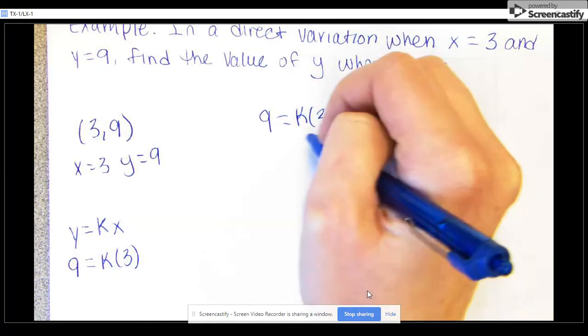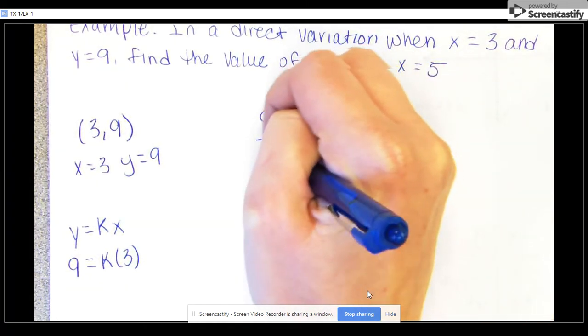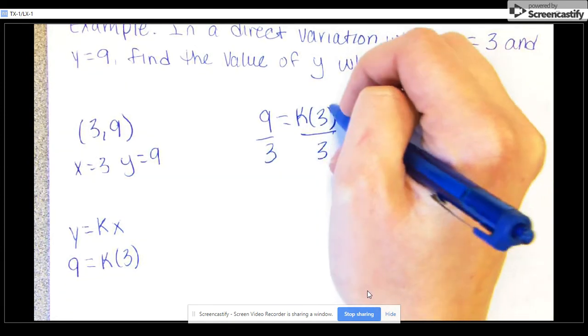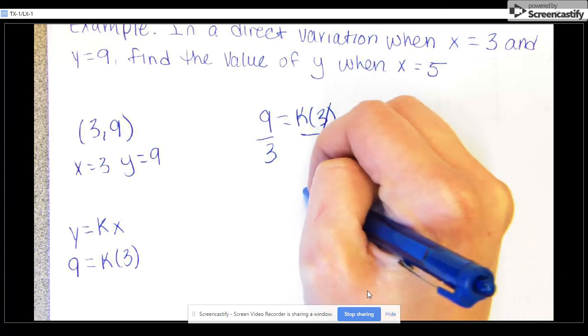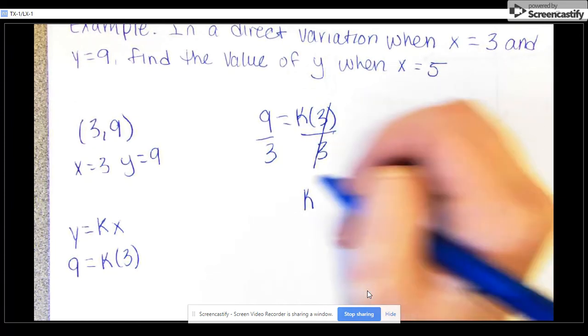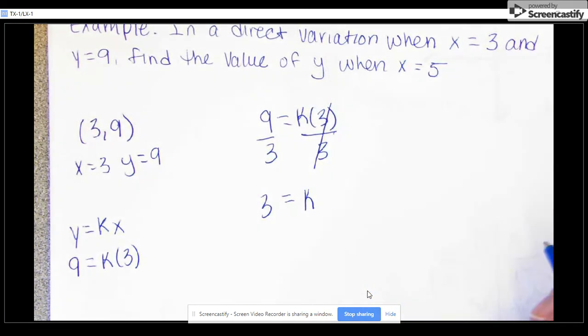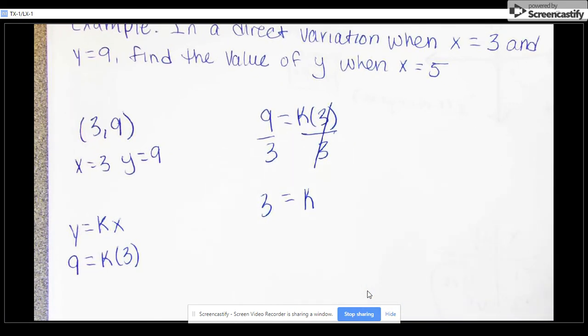So I'm going to divide by 3 on both sides of the equal sign. 3 divided by 3 cancel right out, leaving my k all by itself. And 9 divided by 3, I know is 3. That's great, I have my k, but I am not quite done yet.